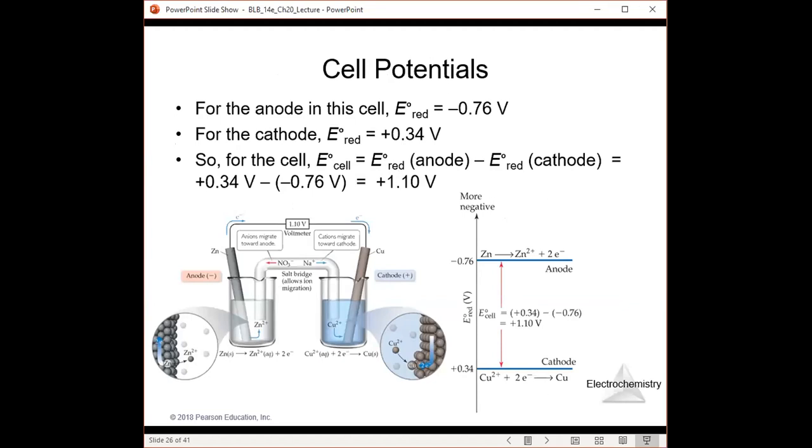Let me do this on the whiteboard. That should be E cell equals E cathode minus E anode. They made a mistake on that.